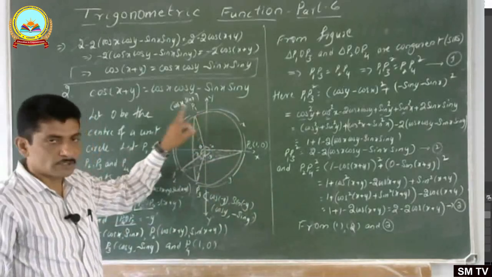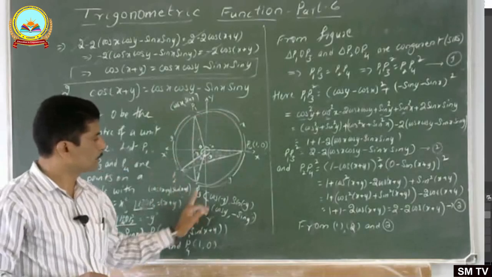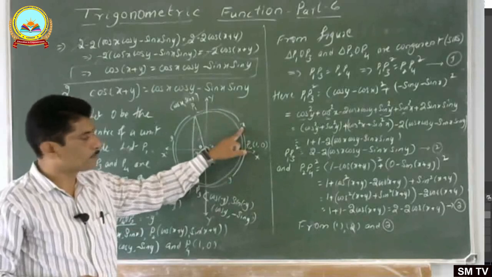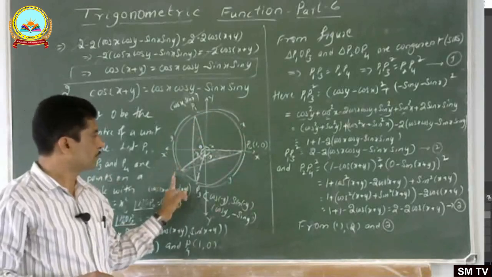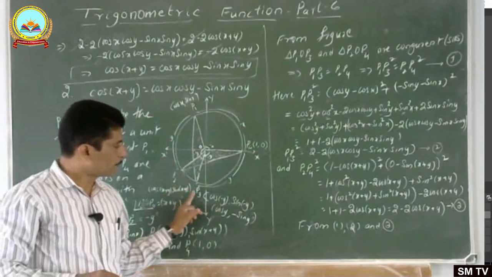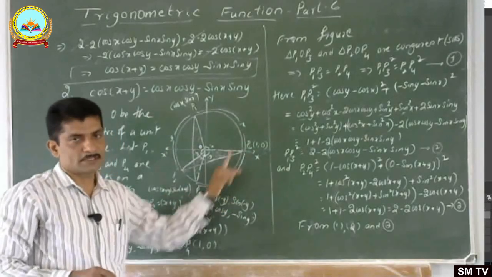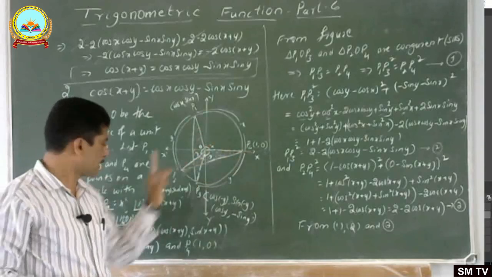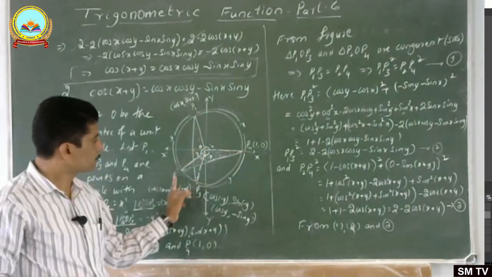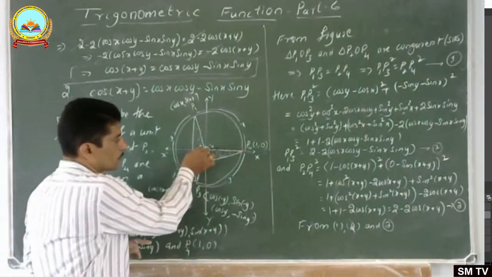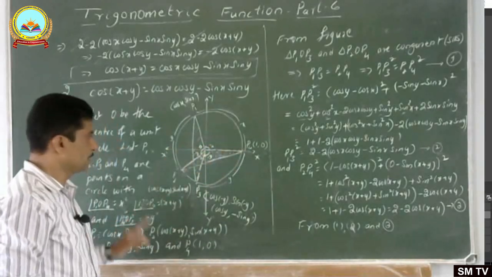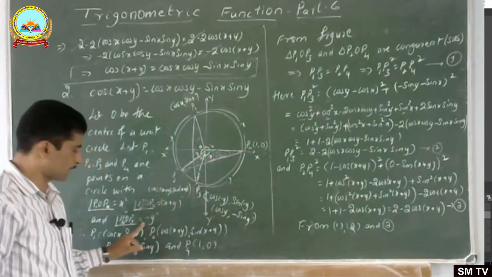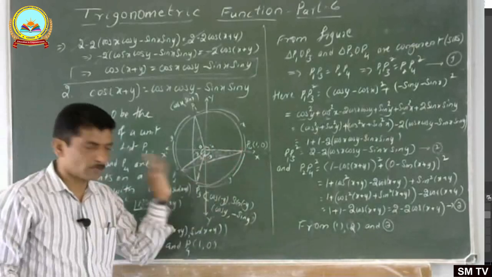Next you choose the 4 points P1, P2, P3, P4 in such a way that the arc length P1 P4 is equal to x units, P1 P2 is equal to y units, and P3 P4 is equal to y units in clockwise direction. Therefore angle P1 O P4 is x radian, angle P2 O P4 is x plus y radian, and angle P4 O P3 is minus y radian. This one is measured clockwise.